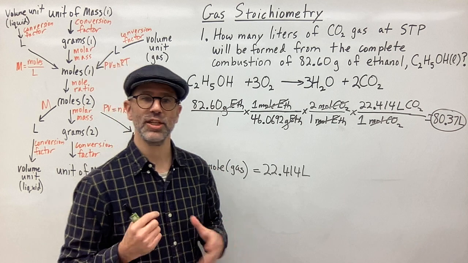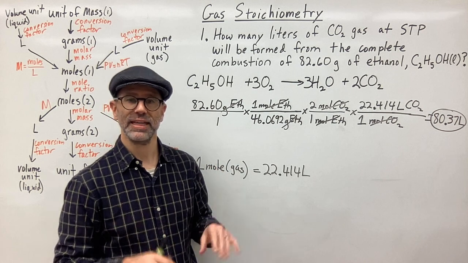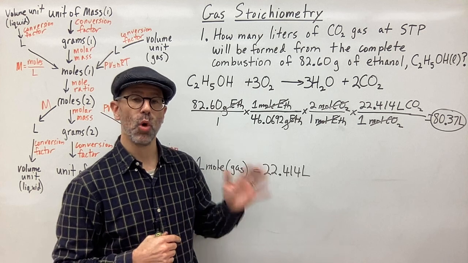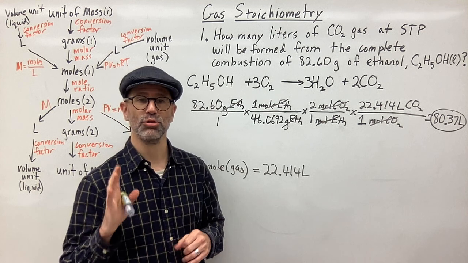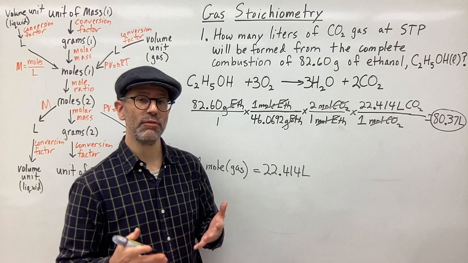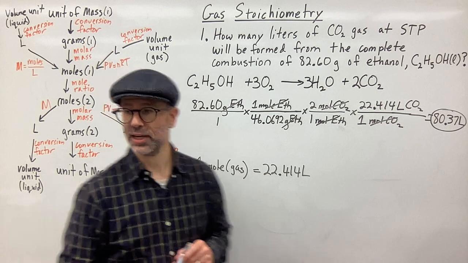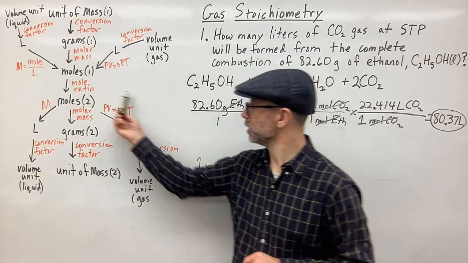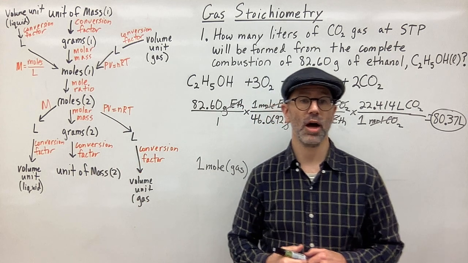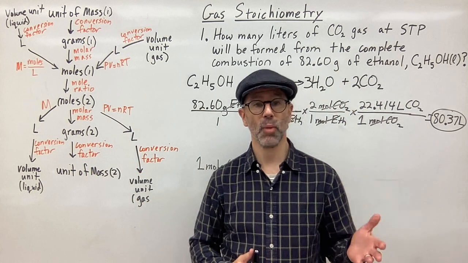So pay attention to the information they're giving you. If they give you STP conditions, then you know you can use the 1 mole of gas is equal to 22.414 liters. If they don't give you STP conditions, then you'll have to use the PV equals nRT to find the number of liters from the moles.